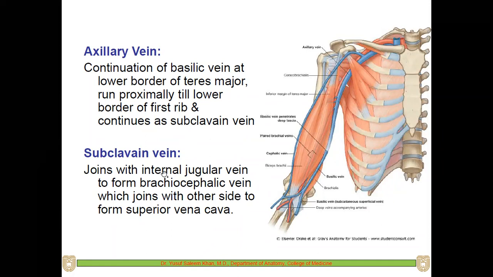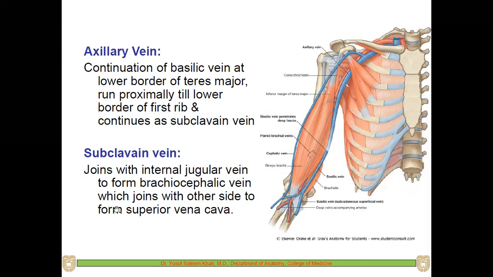It joins with the internal jugular vein, which is coming from the neck, to form the brachiocephalic vein. So the subclavian vein joins with the internal jugular vein to form the brachiocephalic vein.